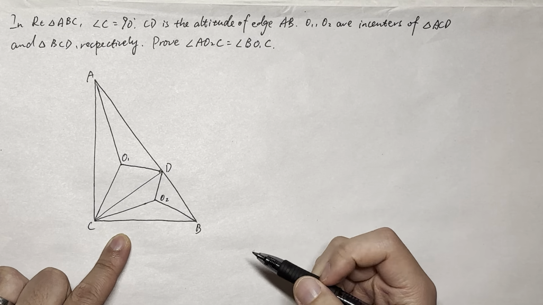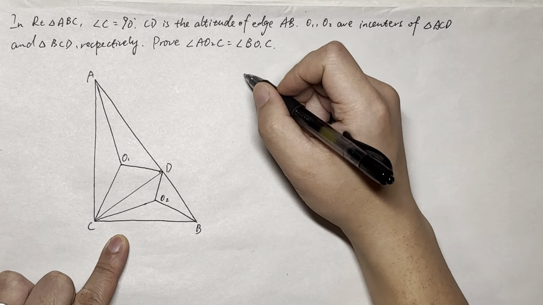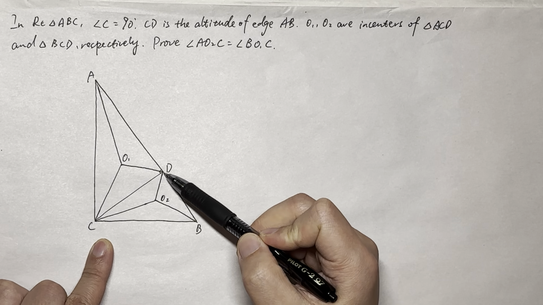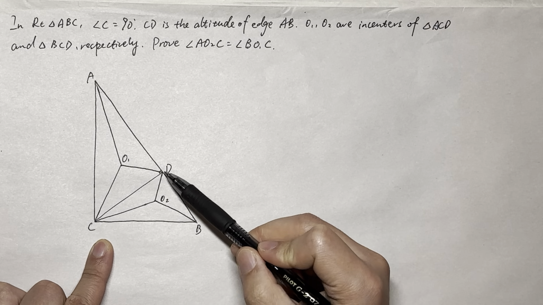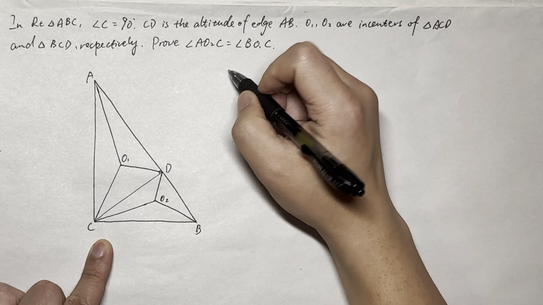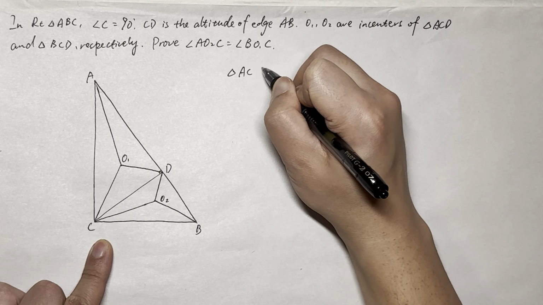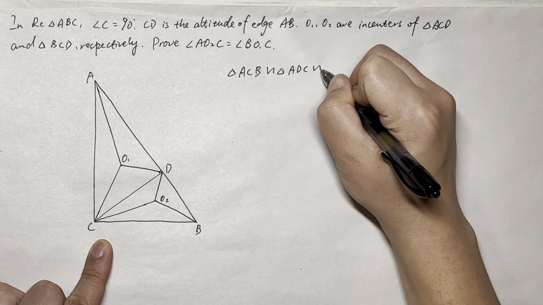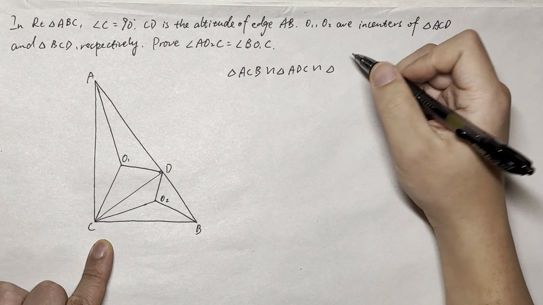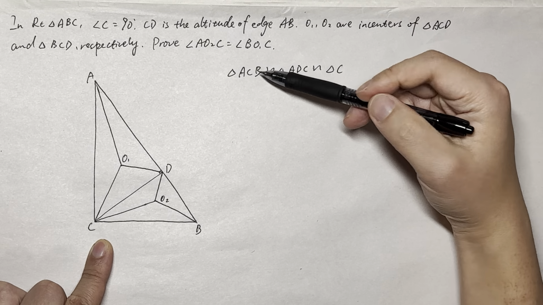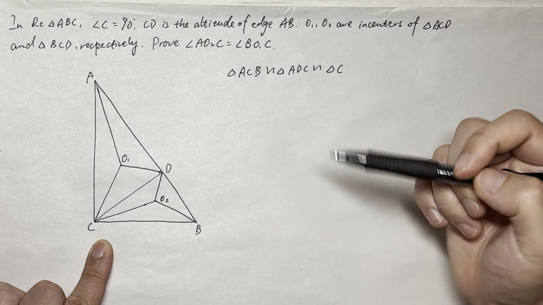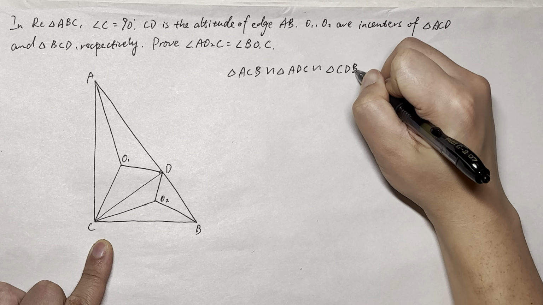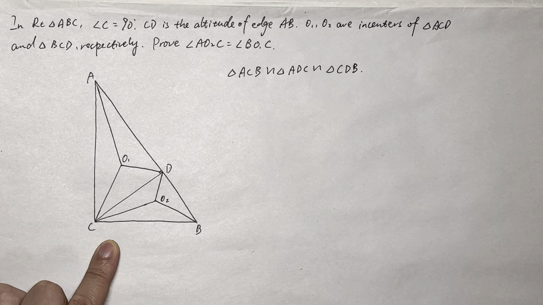Okay. So first, we know that angle ACB is 90 degrees, angle CDB is 90 degrees, angle CDA is 90 degrees. So we already know that triangle ACB is similar to triangle ADC is similar to triangle CDB.